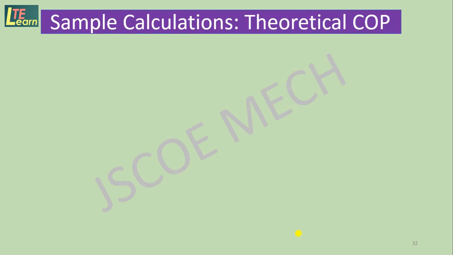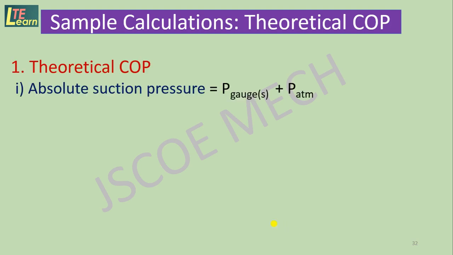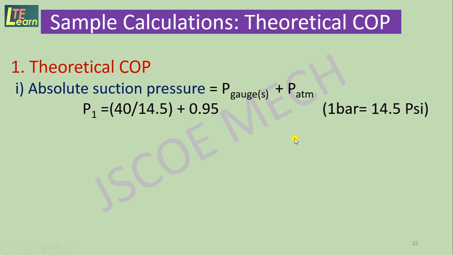Sample calculation of theoretical COP includes, first of all, we need the absolute suction pressure. It is calculated by taking the pressure gauge reading. For the calculation of absolute suction pressure, atmospheric pressure is added to the gauge pressure.